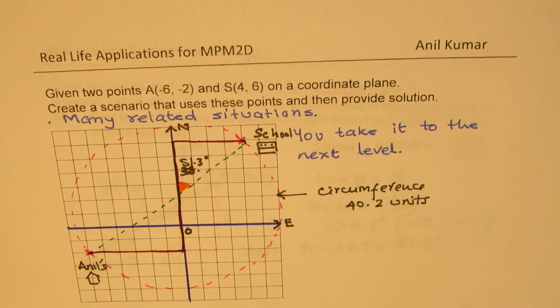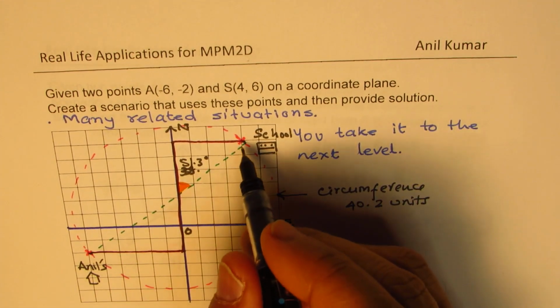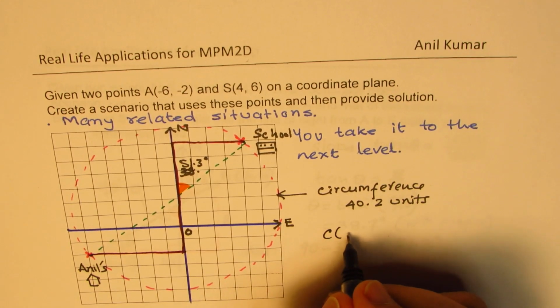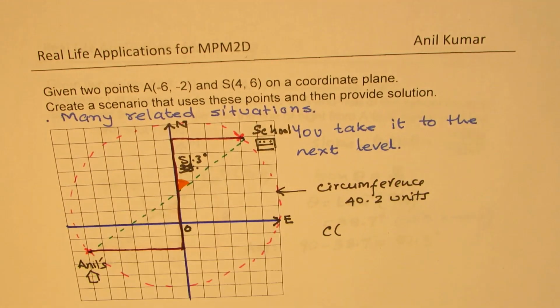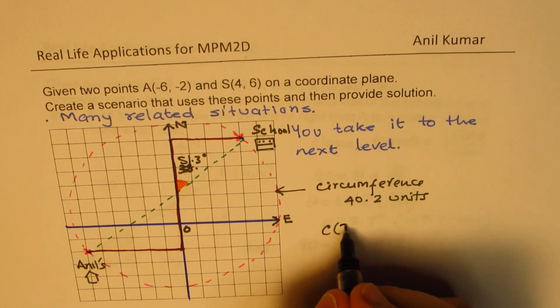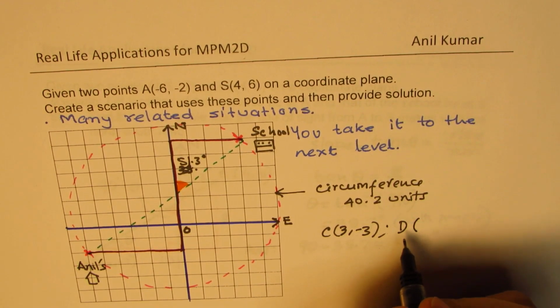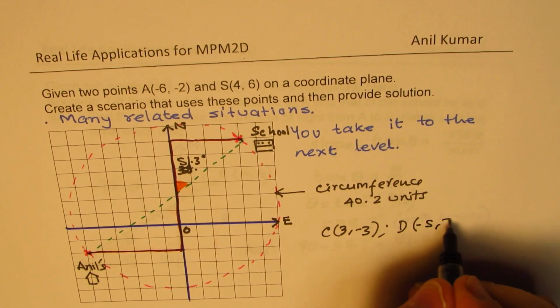And we did get the coordinate points for C and D. We got point C, which is given to us as 3, minus 3, and D was minus 5, 7.